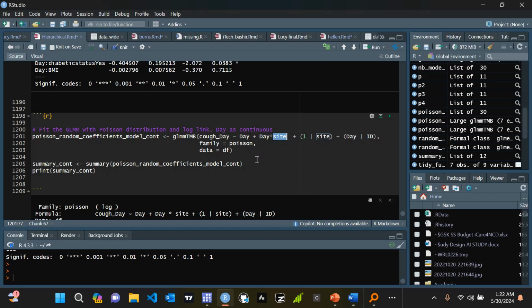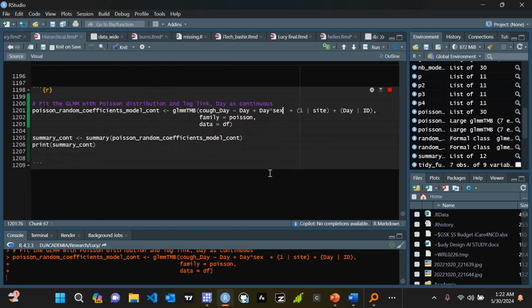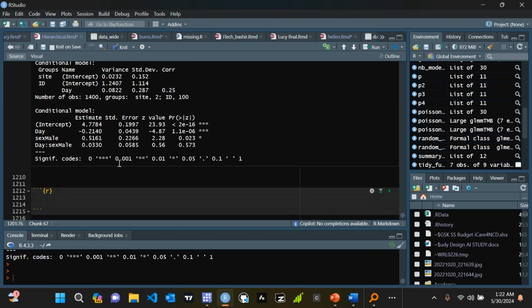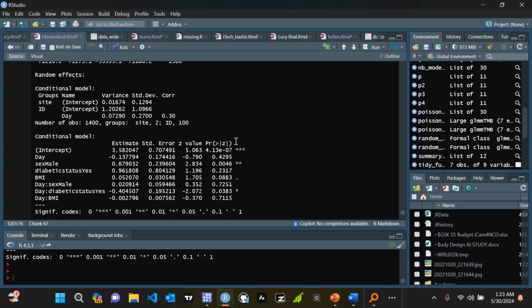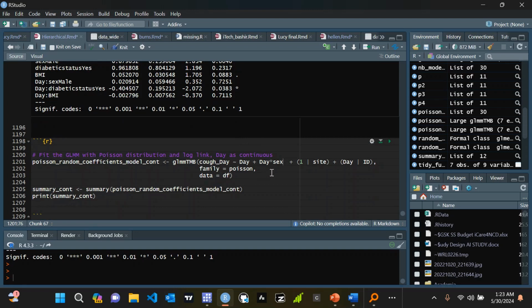We can go ahead and do this with sex. The interaction between sex and time is also not significant. That's how we look for the interaction between the covariates and time.